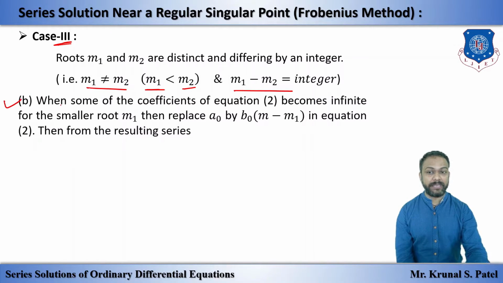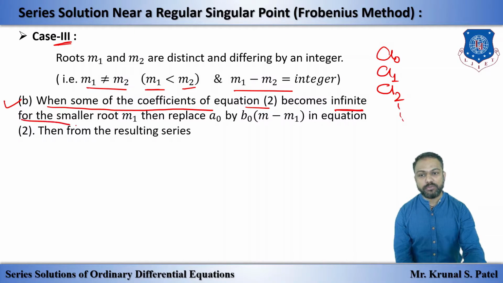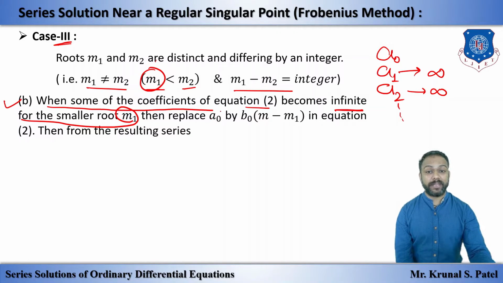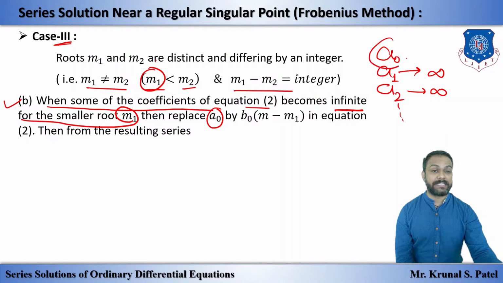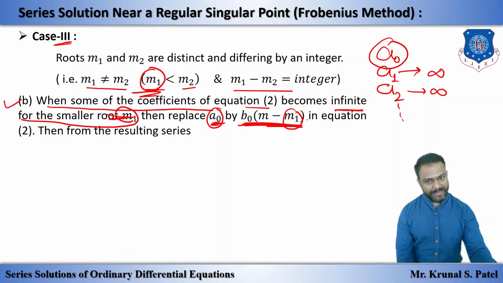In case B, when some of the coefficients of equation 2, that is again a0, a1, a2 and so on, become infinite for the smaller root m1 only, then we will replace a0 by b0 into (m minus m1), where m1 is our smaller root. We replace this a0 in equation number 2, that means again in the trial solution.